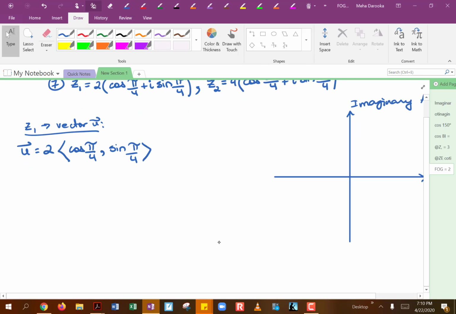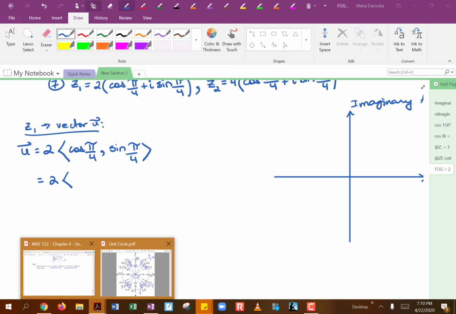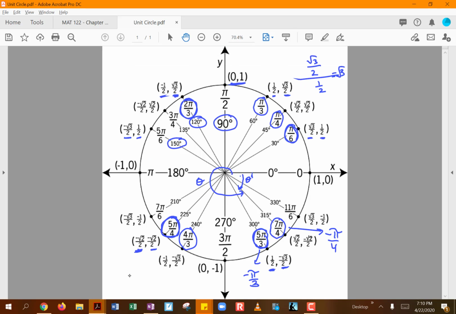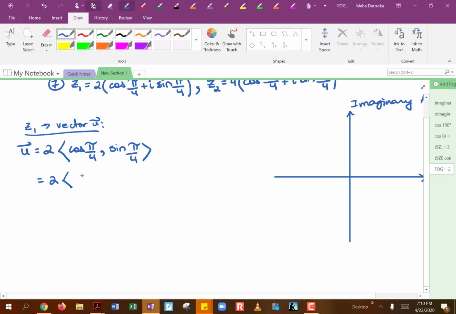Again, 2 times cosine of pi over 4, if you need your unit circle, will be square root of 2 over 2. Sine of pi over 4, which is the 45-degree angle, will also be square root of 2 over 2. So this will give us square root of 2 over 2, comma, square root of 2 over 2.